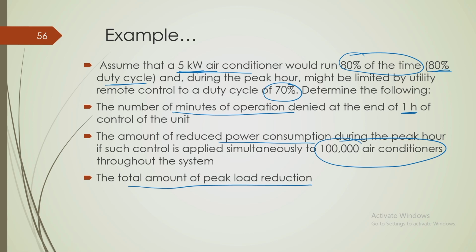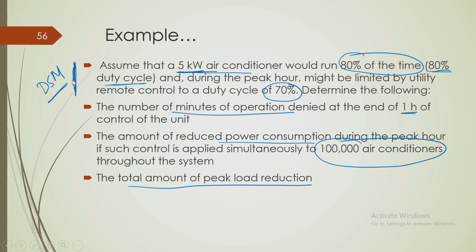So, we have an air conditioner operated at a duty cycle of 80%, that means 80% of the time it will be on, and I want to reduce this duty cycle to 70%. That means, instead of being on 80% of the time, I wish to make it on for 70%. This is a typical type of demand side management, DSM.